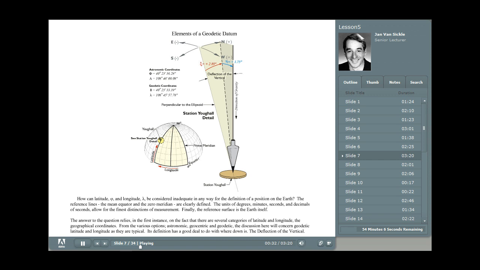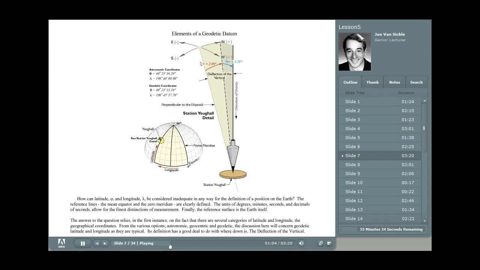The astronomic coordinates of that station, 40 degrees, 25 minutes, 36.28 seconds, differ from the geodetic coordinate, the latitude in that case being 40 25 33.39, and the longitude in astronomic, 108 degrees, 46 minutes, 0.08 seconds, and the longitude in geodetic coordinate, 108 degrees, 45 minutes, 57.78.